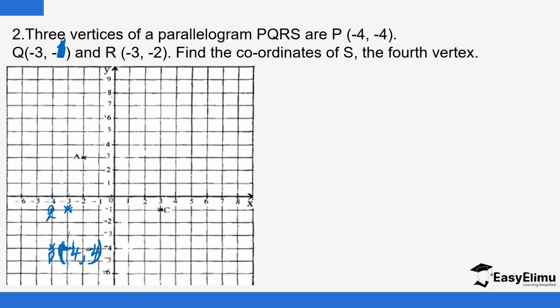Maybe we change this to +2, so let me change this one also to (3, 2). So (3, 2), you move this way. So this is R, (3, 2). Then you're supposed to complete it so that you end up with a parallelogram. So let's join and see.